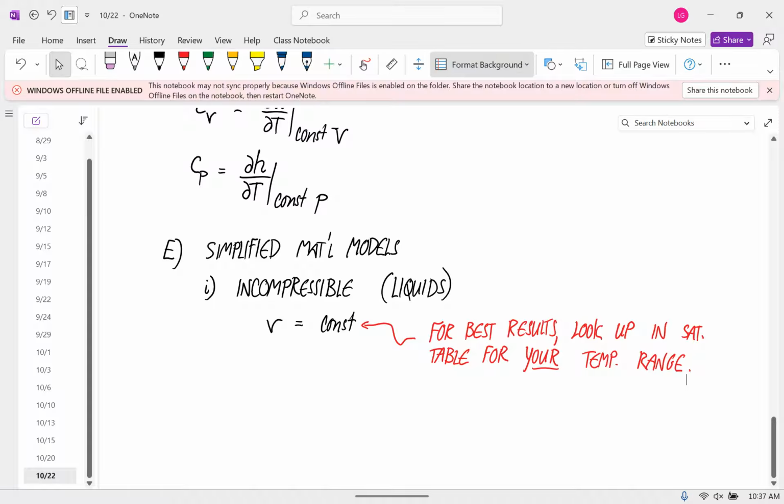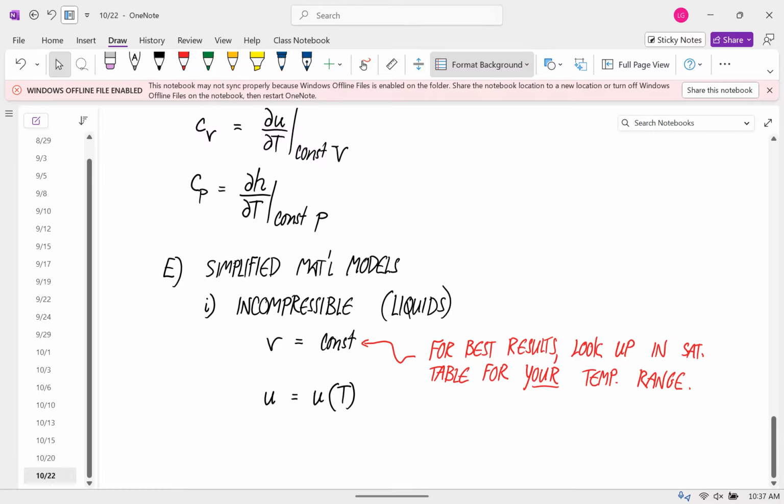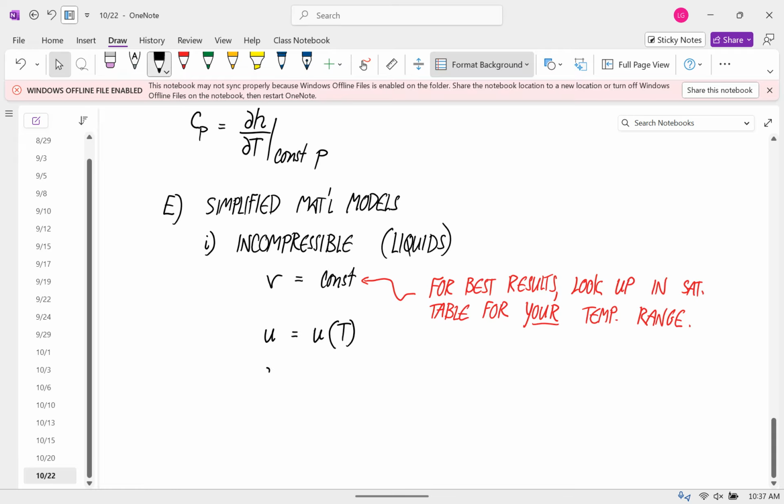The second assumption that we're going to make is that the specific internal energy is only a function of temperature. And then from both of these two assumptions, we get that CV and CP are the same thing. We'll just call it C for an incompressible material.